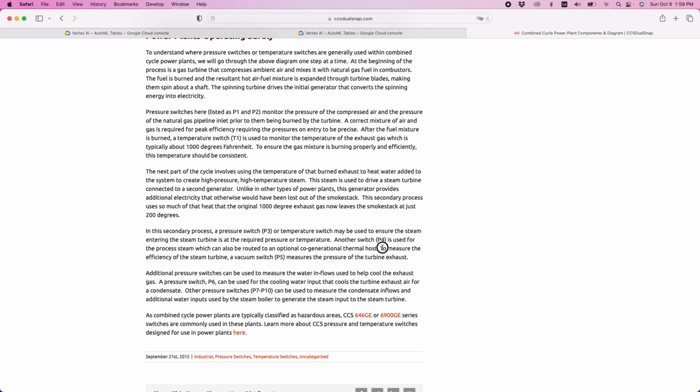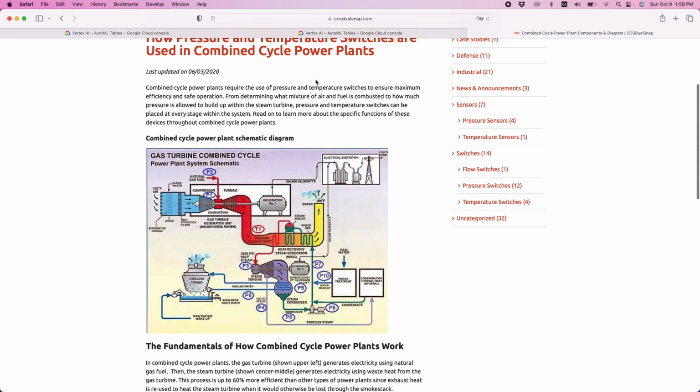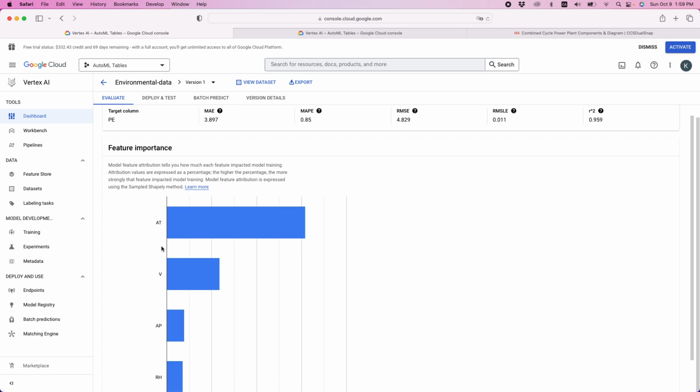So to measure the efficiency of the steam turbine, a vacuum switch measures the pressure of the turbine exhaust. So for that reason, this exhaust vacuum has very high correlation with output power. However, this is more a parameter for how the plant operates, and it is less important in our prediction of the target energy we will need to generate tomorrow, for example, or in a week.